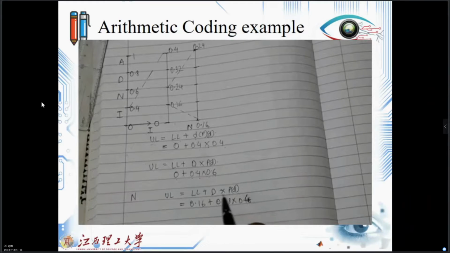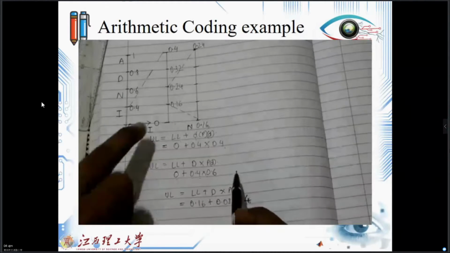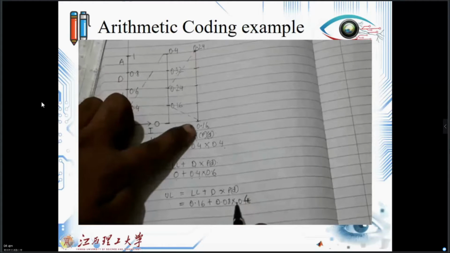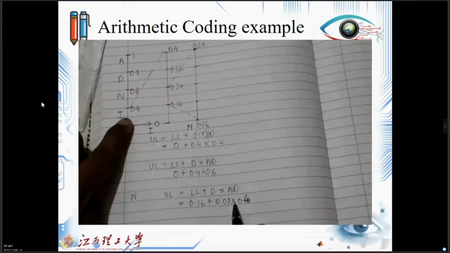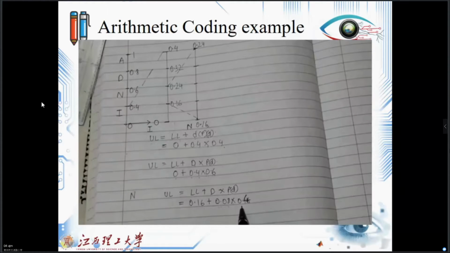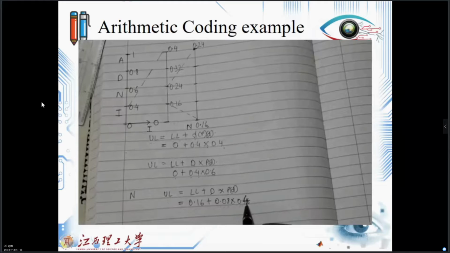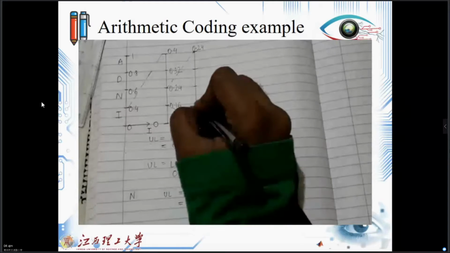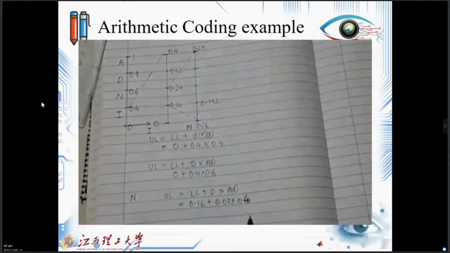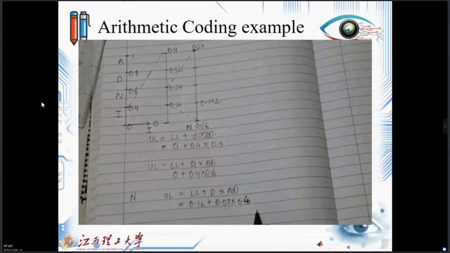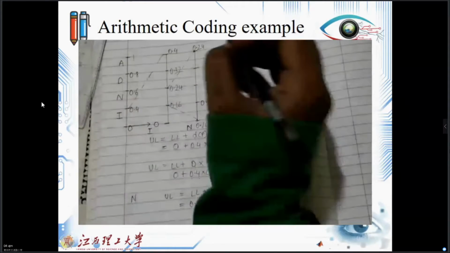The formula is fixed, just the range of the numbers is changed. Then you will see the calculation again.